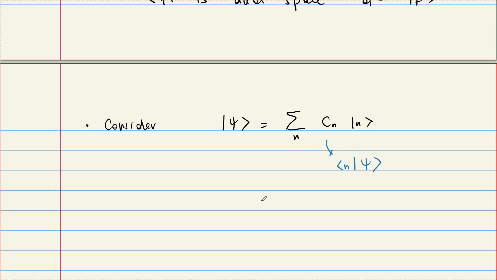Let's plug this in. So this thing is equal to the sum over n of |n⟩⟨n|psi⟩. And naively, this is like a C number, and we can move numbers around. It doesn't hurt.